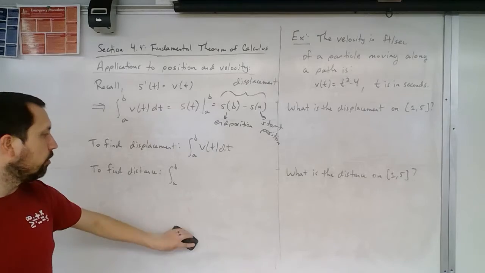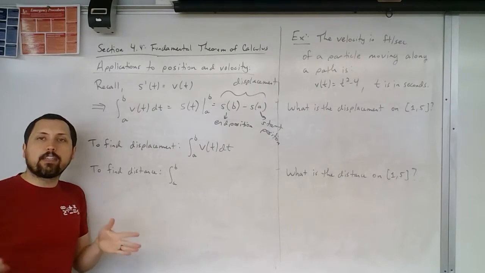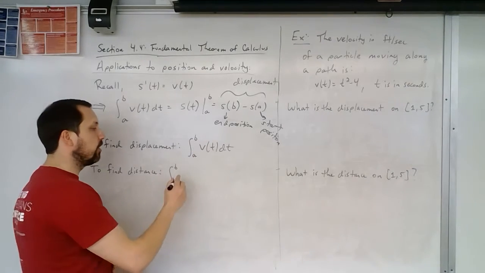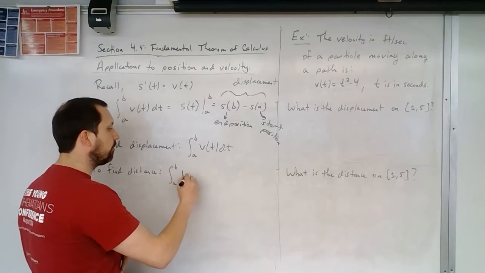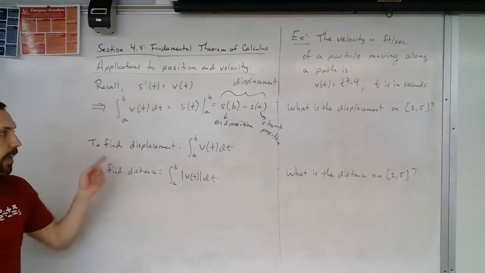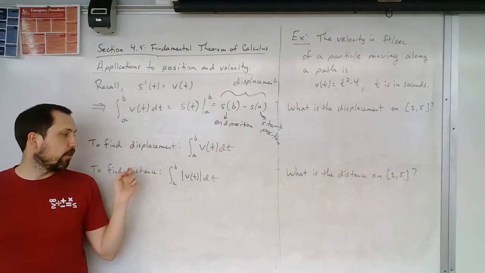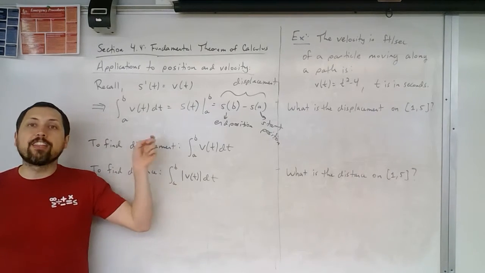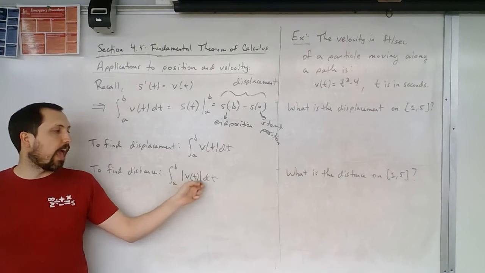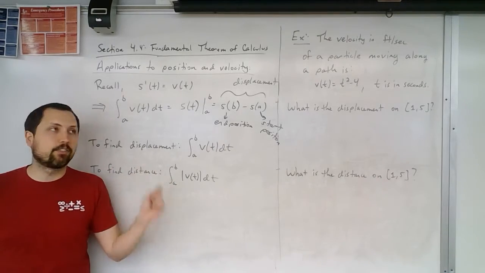So what I need to do is I need to have everything be positive. I always need to have something positive and keep adding on positive things. So I'm going to change this by taking the absolute value of v of t. So the integral of velocity is the displacement. The definite integral of the absolute value of velocity from a to b will be the distance.